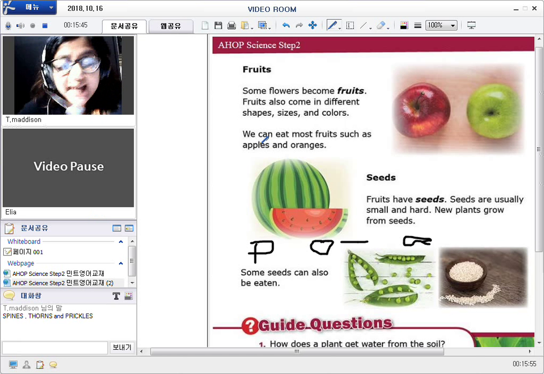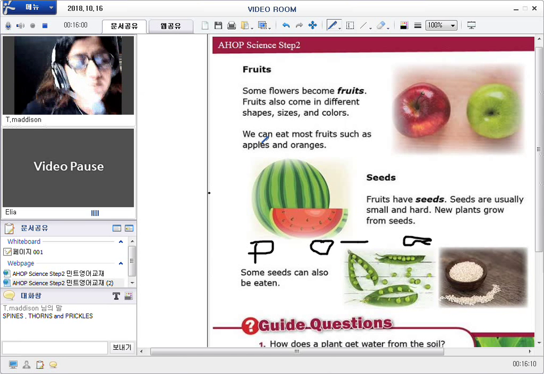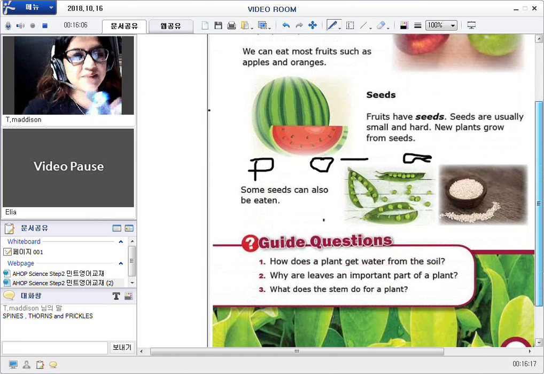Yes, again, please. Yes, pollen, pollen. Not pollen, but pollen. It's a bit difficult to tell the difference between them. It's okay.